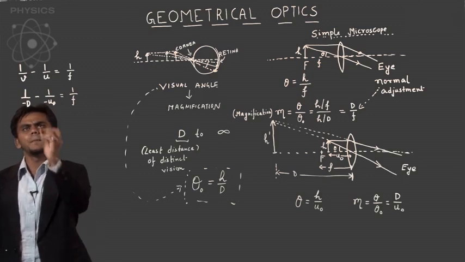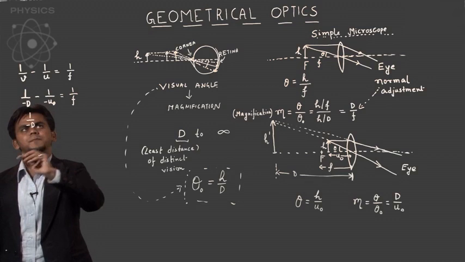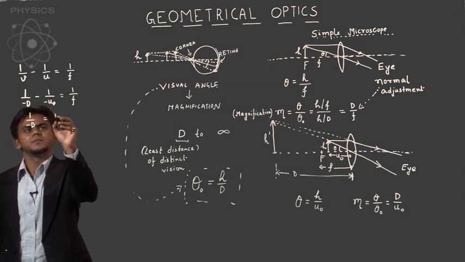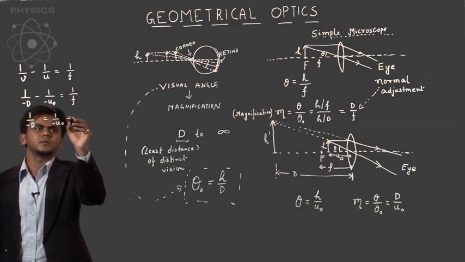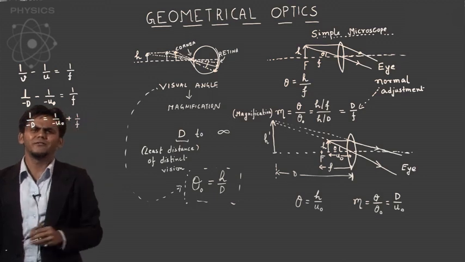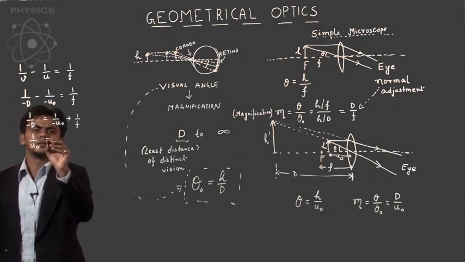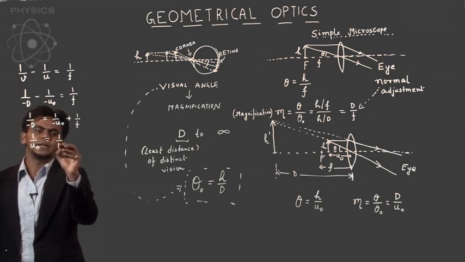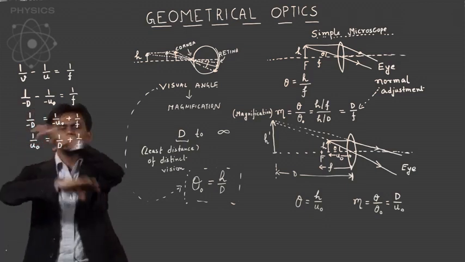Now, 1 by minus d would be equal to 1 by minus u naught plus 1 by f. On further manipulation, what you will get is 1 by u naught is equal to 1 by d plus 1 by f. I've just rearranged the terms.